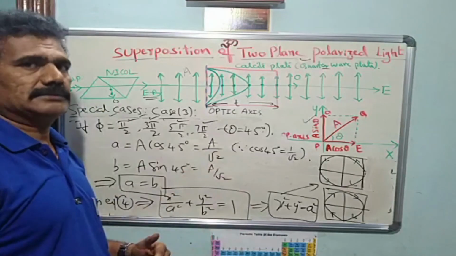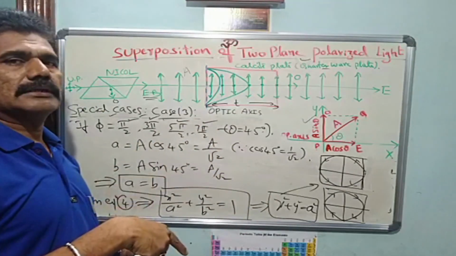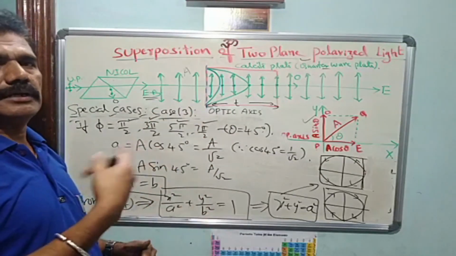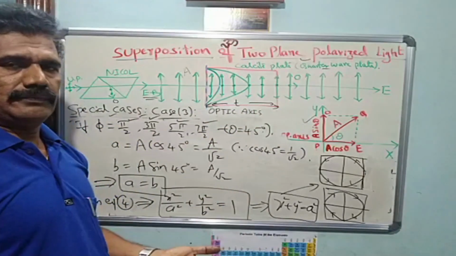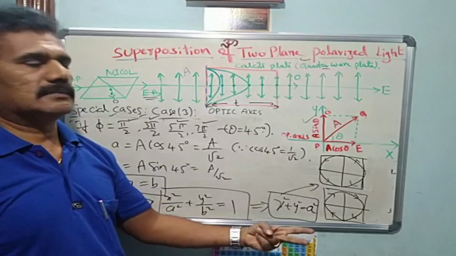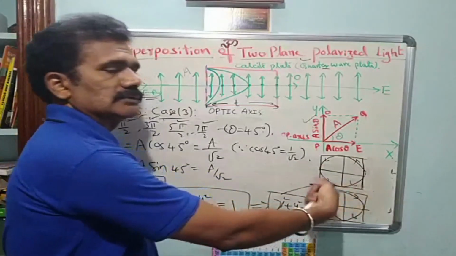Elliptically polarized light, in which the vector tip rotates in the anti-clockwise or clockwise direction. And similarly, the superposed waves may give circularly polarized light, as per this theoretical explanation, again with two possibilities: the tip of the vector rotating anti-clockwise or clockwise.